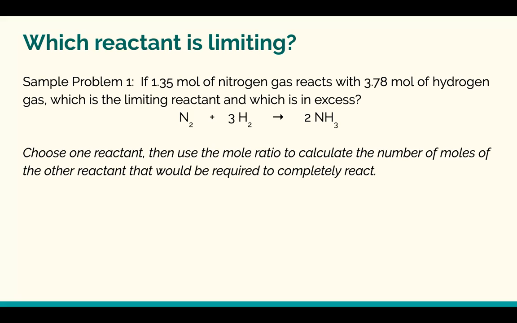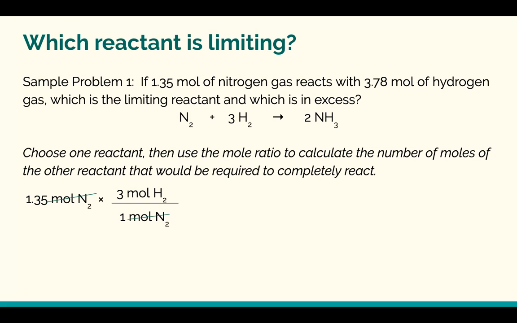To do this, you can choose one reactant and then use the mole ratio to calculate the number of moles of the other reactant that would be required to completely react. So if we choose nitrogen, we've got 1.35 moles of nitrogen. So we're going to use the mole ratio with moles of nitrogen on the bottom, moles of hydrogen on the top.